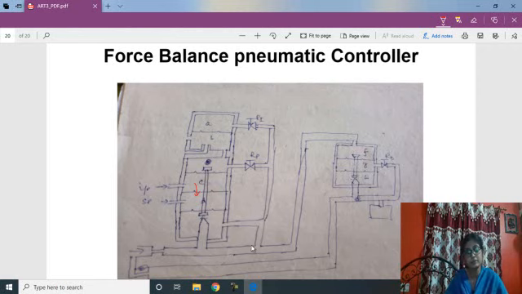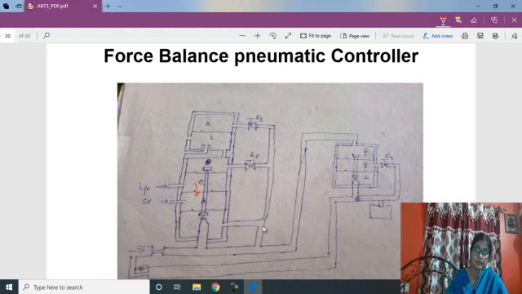Then what will happen? The nozzle feedback pressure is directly connected with this chamber, and connected with the upper two chambers through the restrictors RP and RI. This is for proportional effect, this is for integral effect.